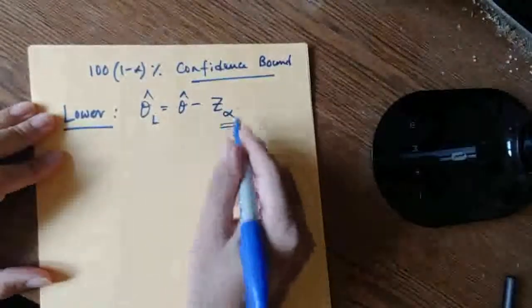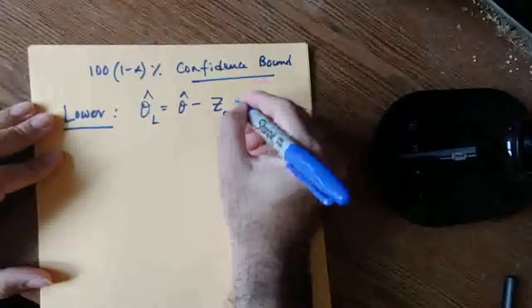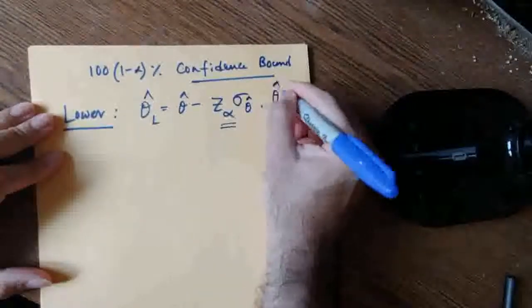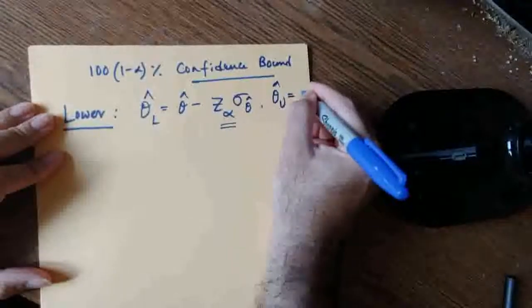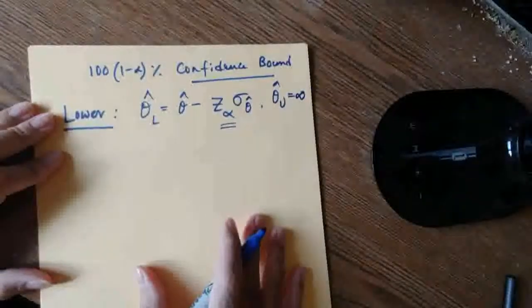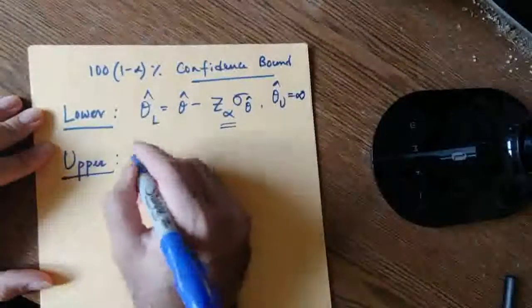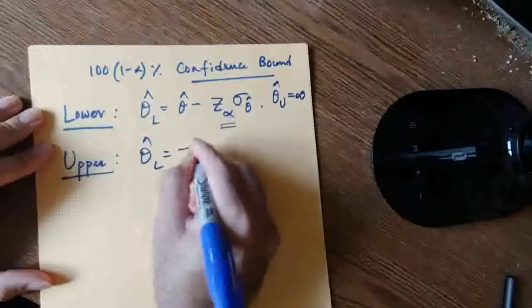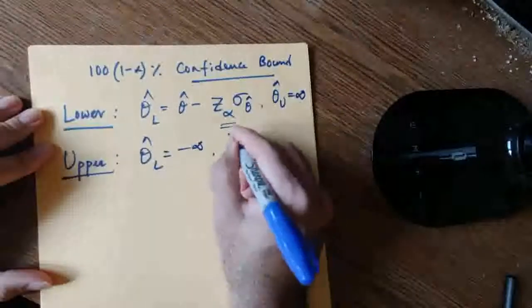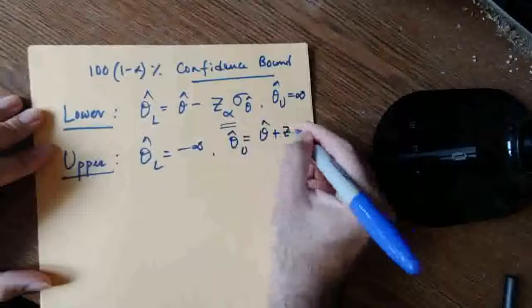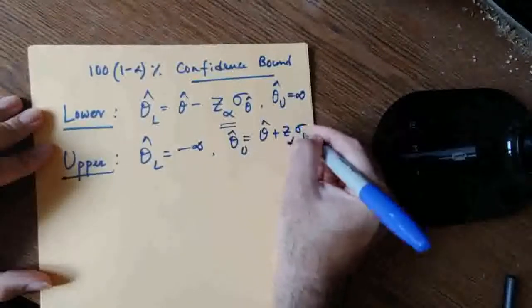Remember, this is alpha, not alpha over 2 anymore. And theta hat U, of course, is infinity. For the upper bound, theta hat L is minus infinity, and theta hat U would be theta hat plus z alpha sigma theta hat.